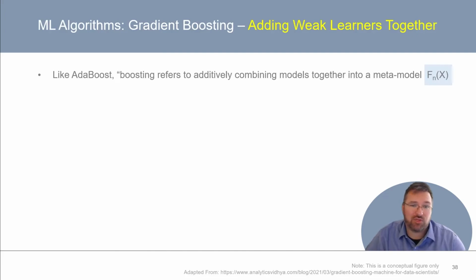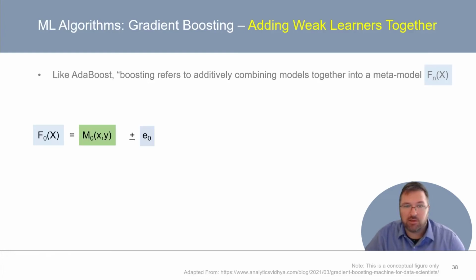Like with the AdaBoost algorithm, boosting here refers to additively combining models together into a single new meta model, which we'll refer to from here on as f sub n, which is a function based on our feature set of X. So after our first gradient boosting iteration, our current meta algorithm f sub 0 includes our first weak model m sub 0, and the error of this first meta model is e sub 0.